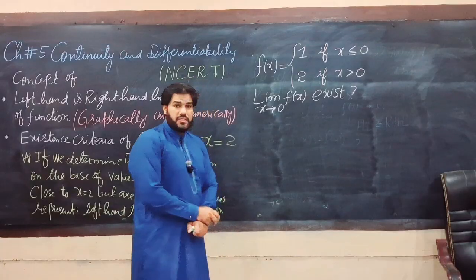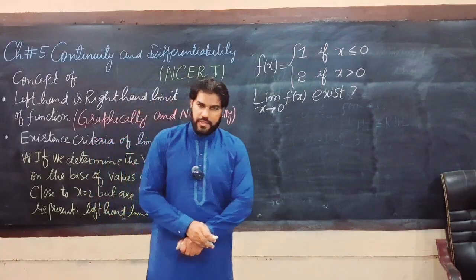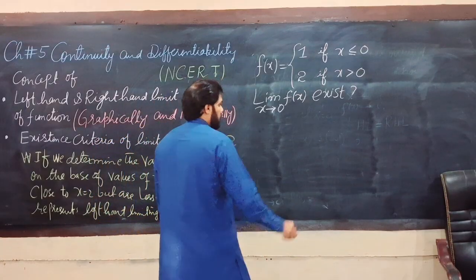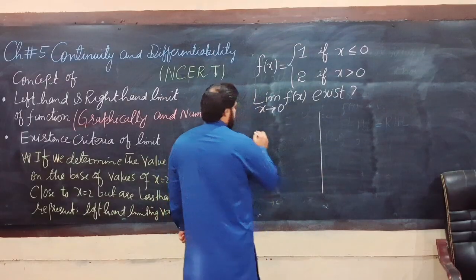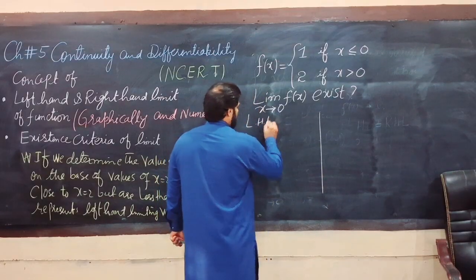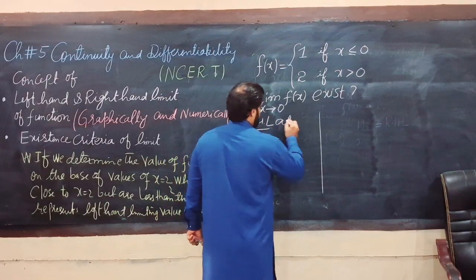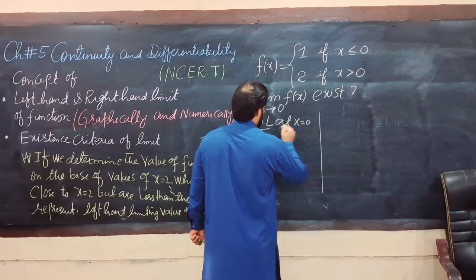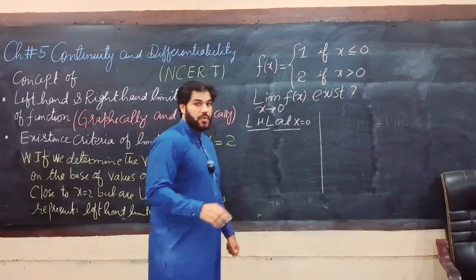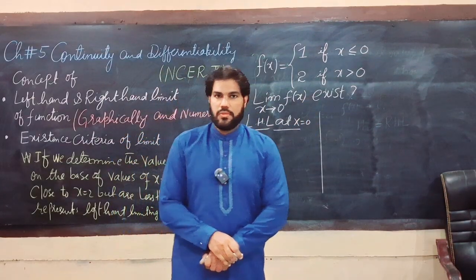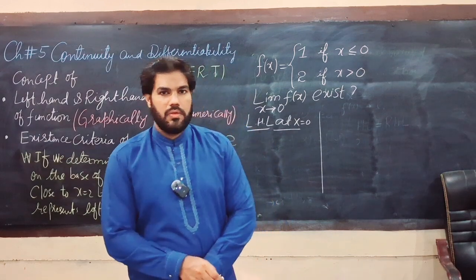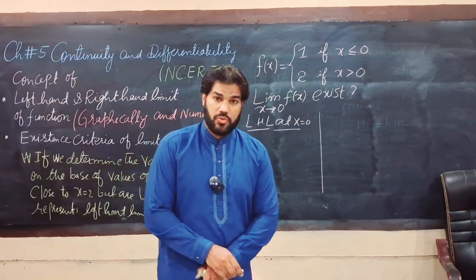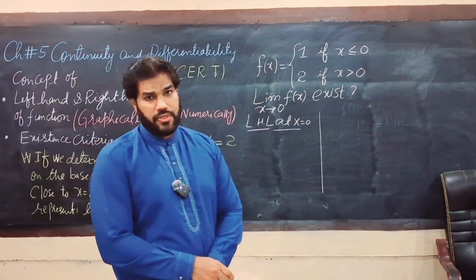So in this case I will evaluate the left hand and right hand limit of the function. Left hand limit at x is equal to 0. The function has two parts. In the first part the values of x are less than or equal to 0, and in the second part x is greater than 0.